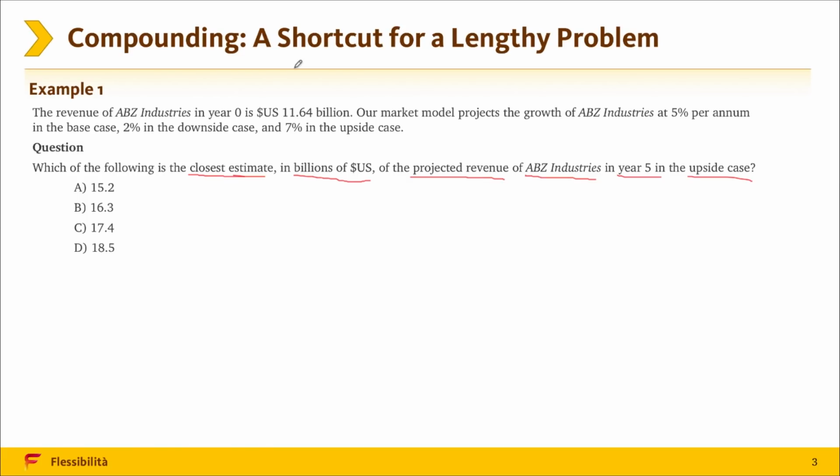From the text, we learned that the revenue of ABC Industries now is $11.64 billion. And in the upside case, the revenue growth is projected at 7% per annum. Revenue in year 0 equals 11.64 billion. Growth in the upside case equals 7%.